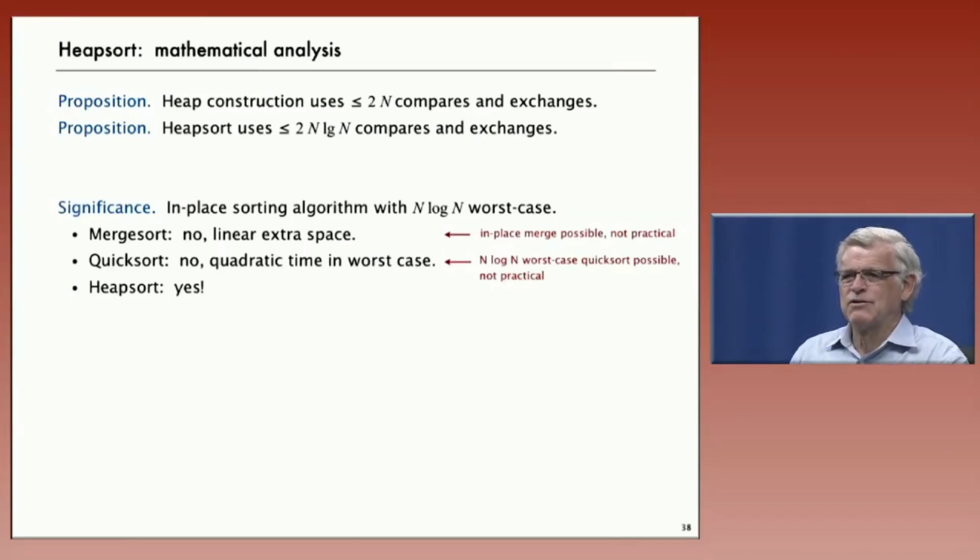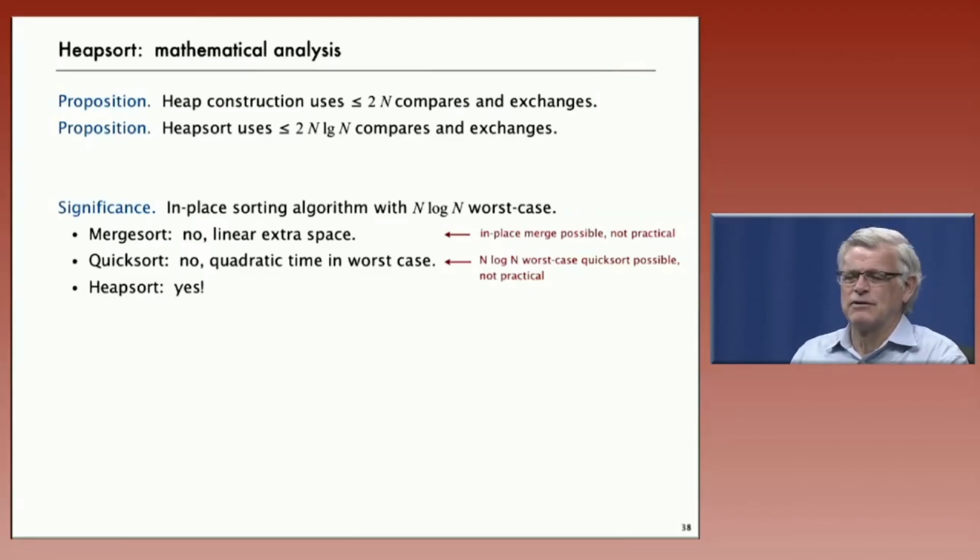And that's significant because it's the first sorting algorithm that we've seen that is both in place and manages to get the sorting job done with guaranteed N log N compares. Merge sort doesn't do that. It takes linear extra space. Quicksort doesn't do that. It takes quadratic time in the worst case, even though we make that unlikely by random shuffling.